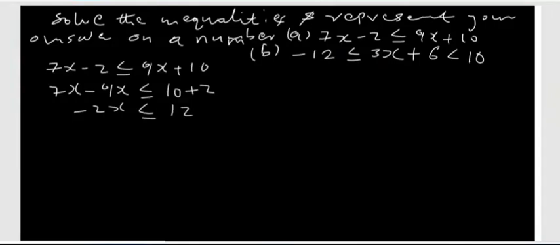So this means that we are dividing through now by a negative value. Remember that in inequality, anytime you are dividing or multiplying both sides by a negative value, the sign will change. So we have minus 2x over minus 2 will now be greater than 12 over minus 2.